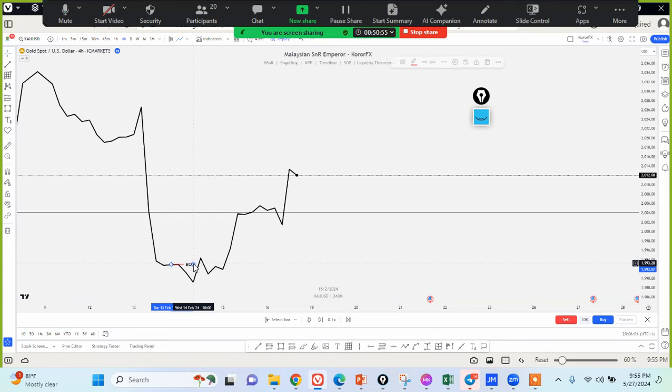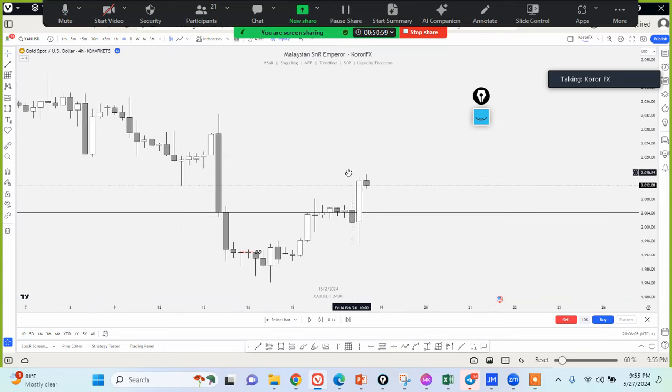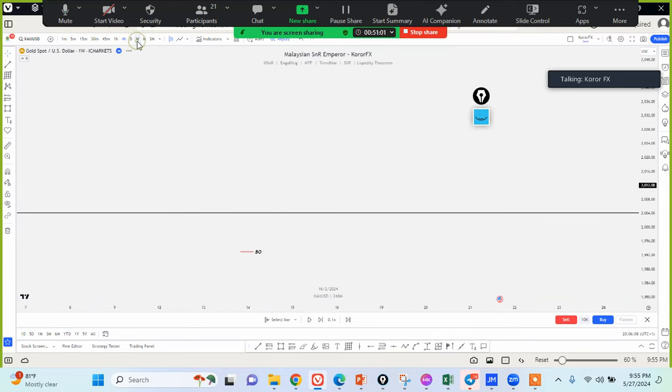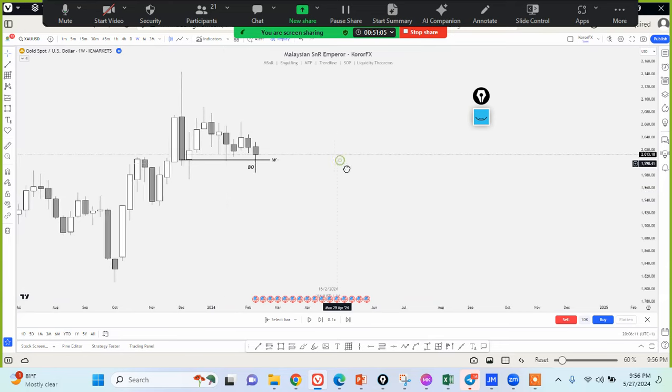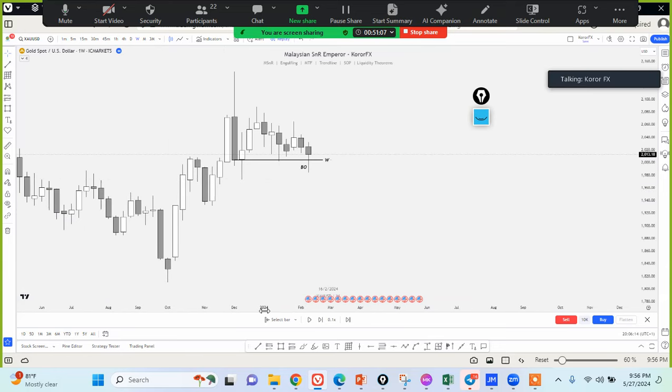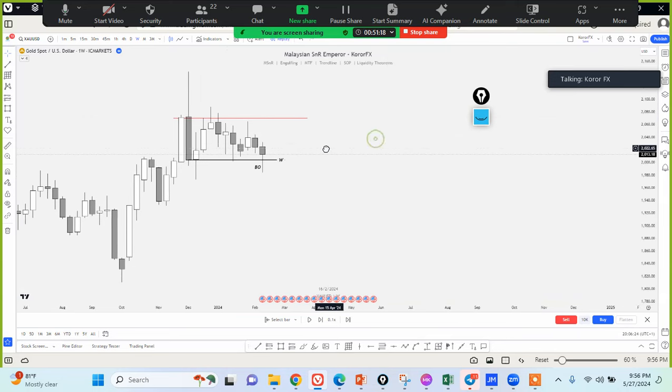Since this storyline started from this weekly level, our next level is here. So we replay and wait to see if that next level will reject, since this level is an unfresh level.